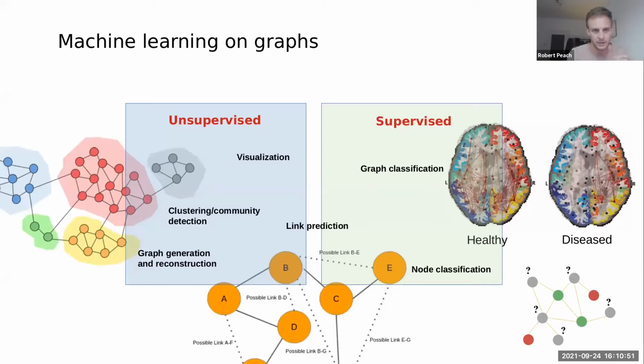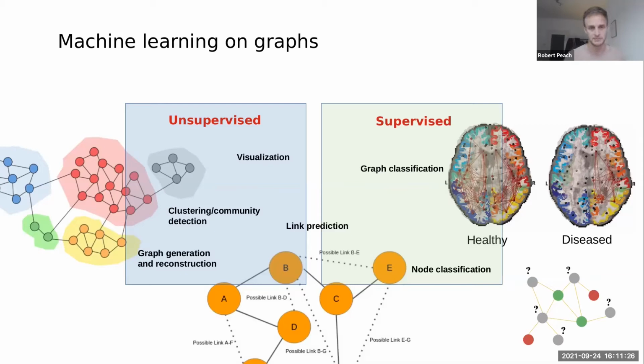We can generally break machine learning on graphs into unsupervised and supervised. And this is obviously the case with machine learning in general. I know there are things in between, like semi-supervised, but we'll just separate it into unsupervised and supervised. For those of you who aren't too aware, unsupervised machine learning is when you don't have a ground truth. You're just trying to do something with the data, but you're not learning against some sort of ground truth about your system.